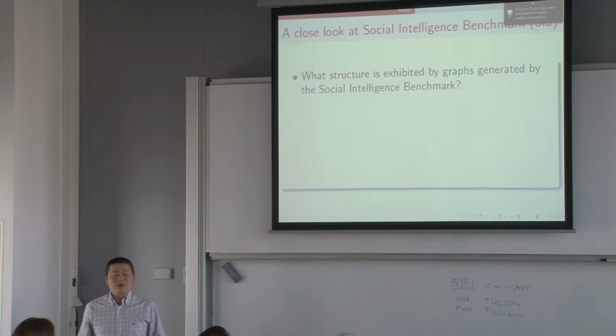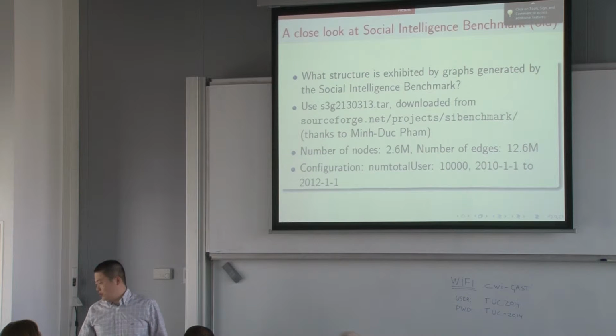Okay, so here's the main update to my slides. Since we are here, I tested with the Social Network Benchmark, which was the old benchmark from last year, and it was provided by the TUC. I only generated, using the generator, a very small data set with 2.6 million nodes and 12 million edges.